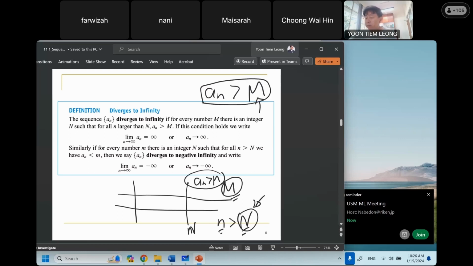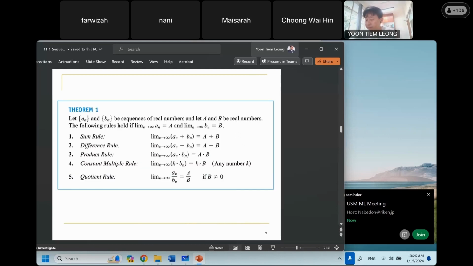That means a sequence is diverging to positive infinity. The same concept also applies to a sequence that diverges to negative infinity.